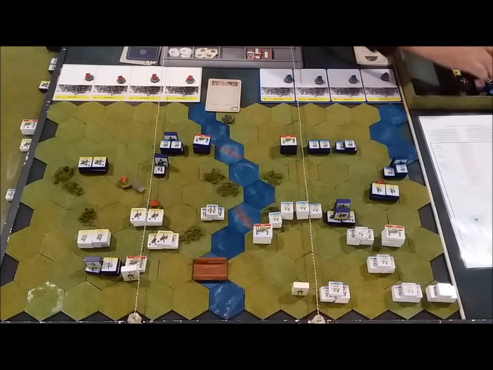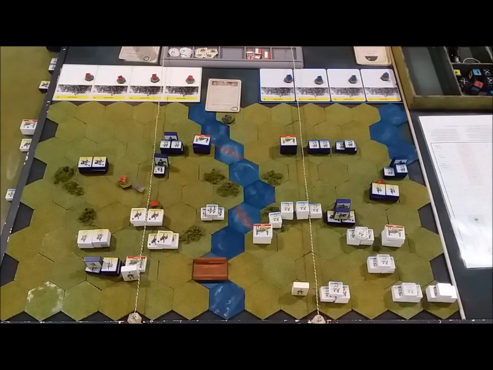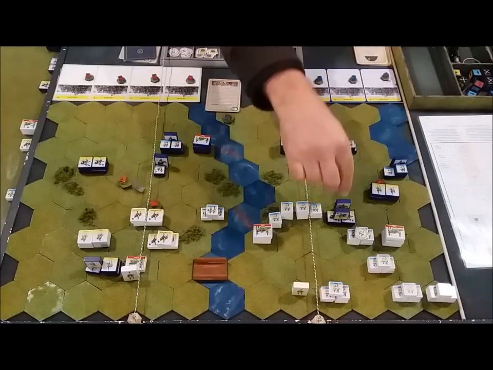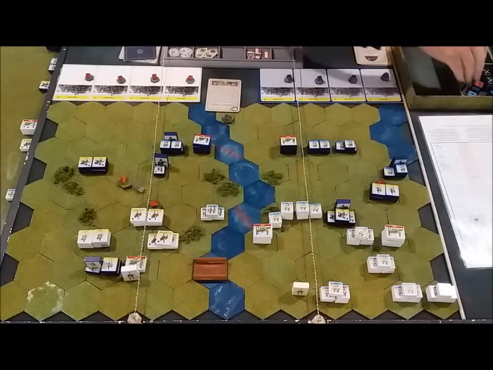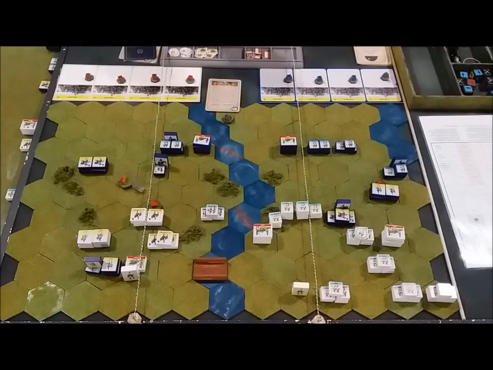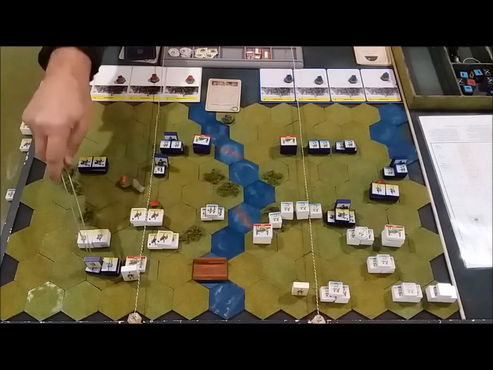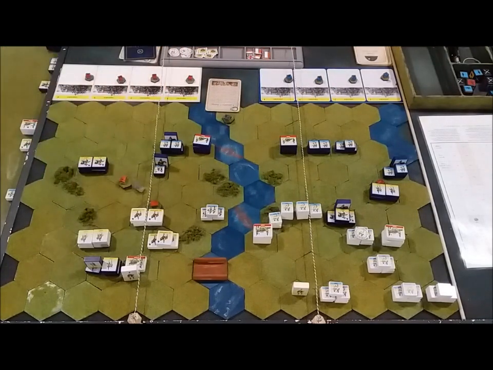So they get 1 die first against the cavalry and miss. The cavalry attacks them and misses. Okay, nothing else happens there, so we have the light cavalry against the horse artillery here, and they're going to get 4 dice, plus 1 is 5 against the horse artillery, and they get 1 retreat, which can be ignored now.